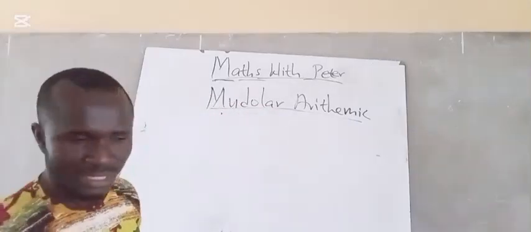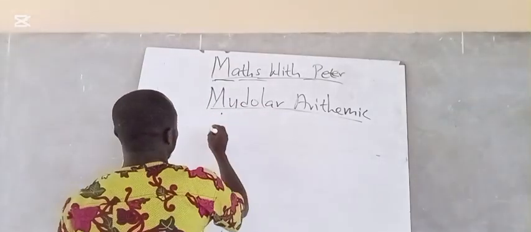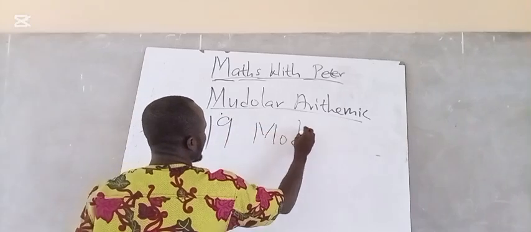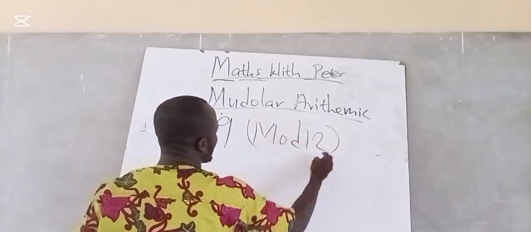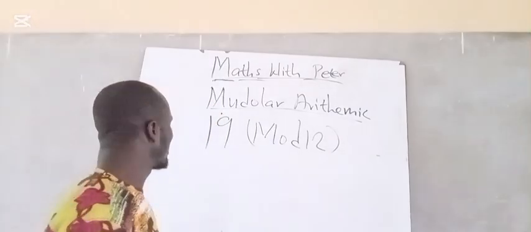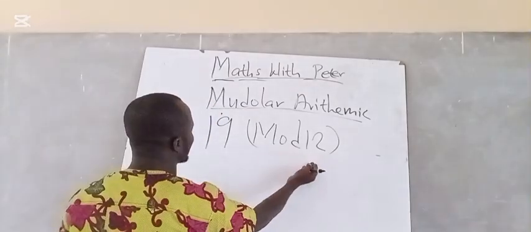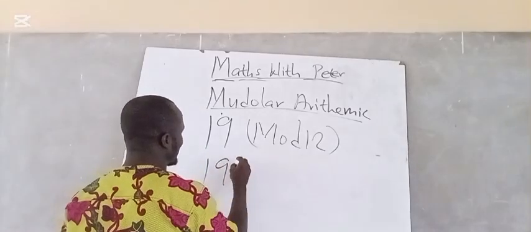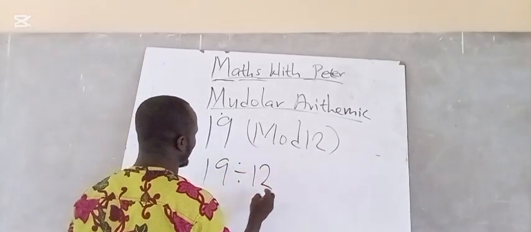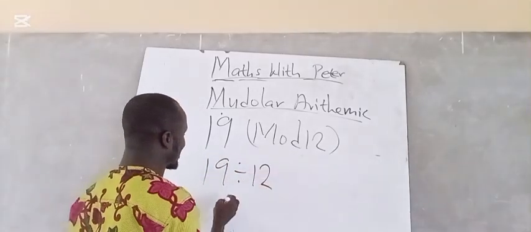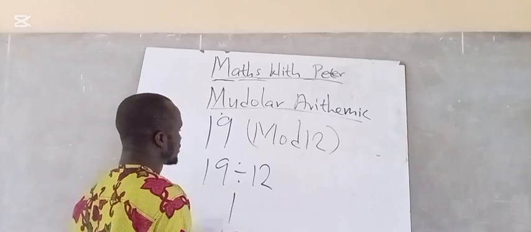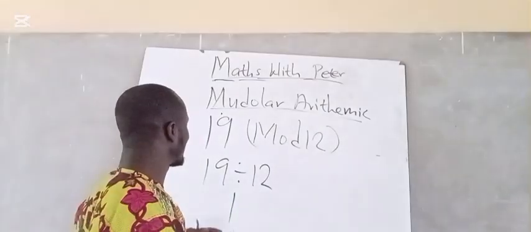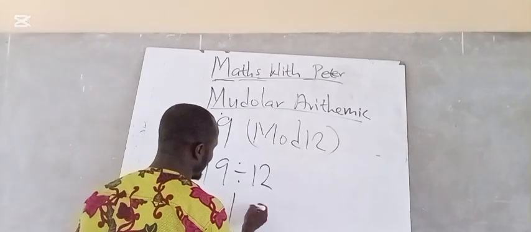What about 19 in mod 12? What time will it be at 19 in mod 12? Again, you see how many times 12 goes into 19. 19 divided by 12 goes once, remainder 7.